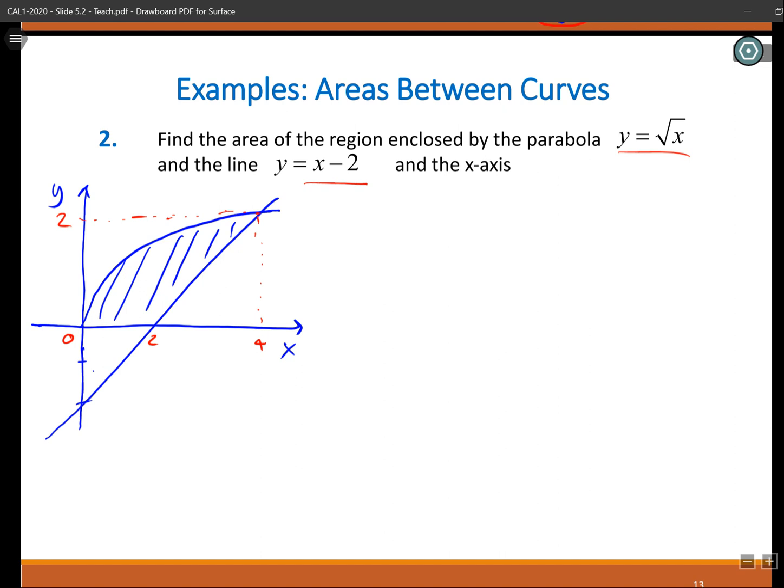This approach is different in the way that we would integrate the y variable instead. So that is the key word. What does it mean, integrate the y variable?